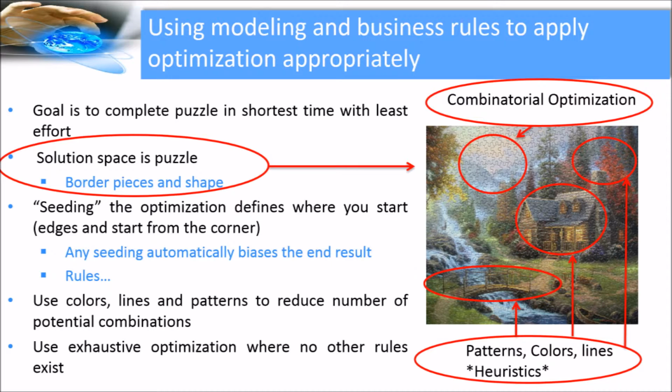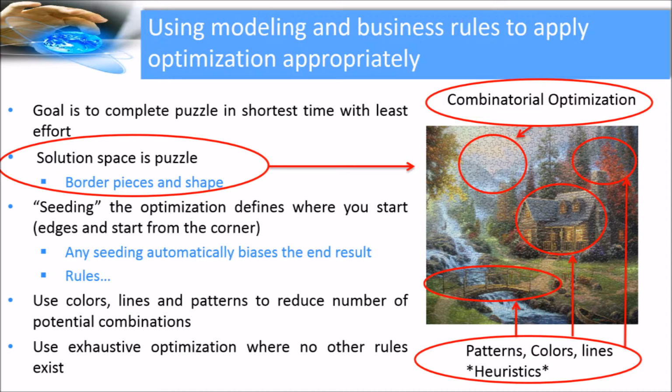Then I use rules to sort out the different colors and shapes that are easy to identify and give me cues to which pieces go together. In mathematical optimization, these rules are known as heuristics. For example, find all the pieces with red tree leaves. Find all the house pieces.